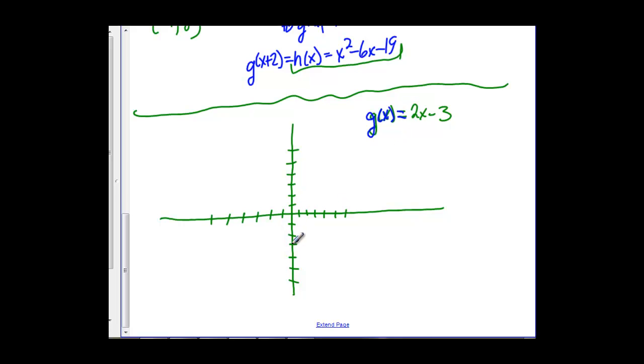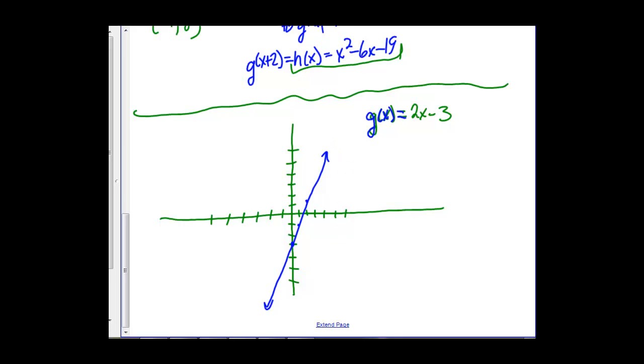So I've got the y-intercept of negative 3. I have a slope of 2, so I'm going to go up 2 over 1, up 2 over 1. I only needed 2 points. I made 3 just to give myself a better idea. Not completely awesome, but it's a line.